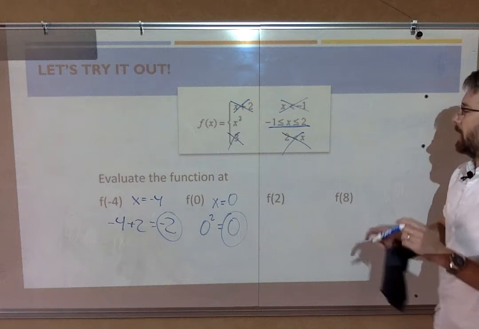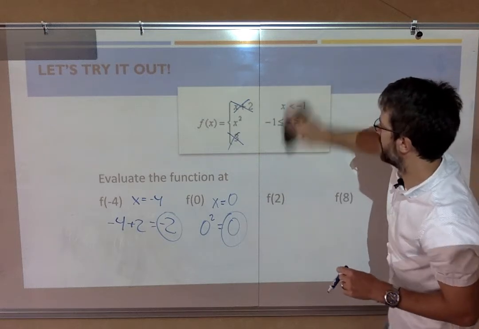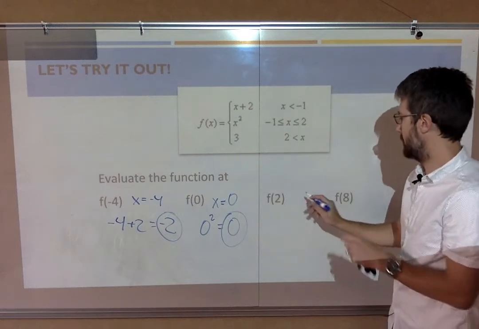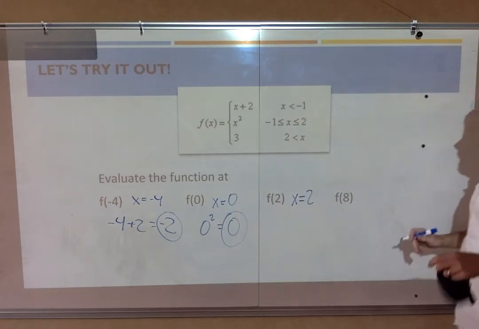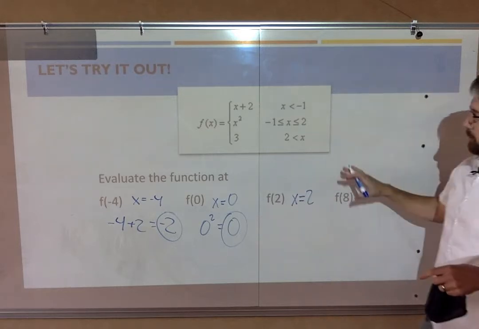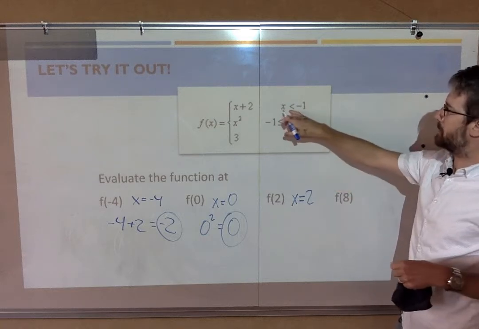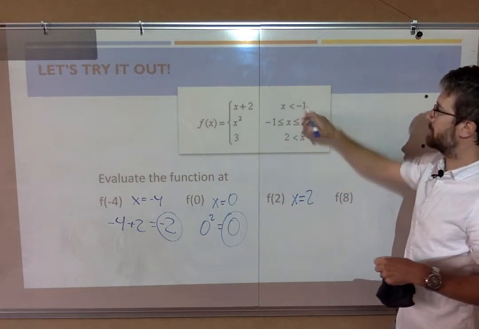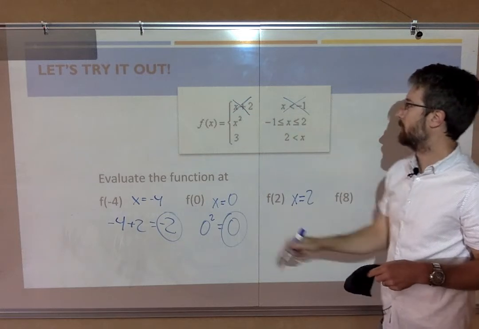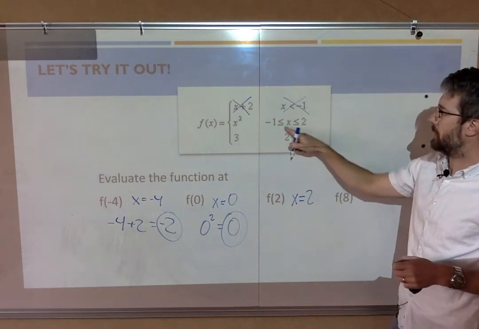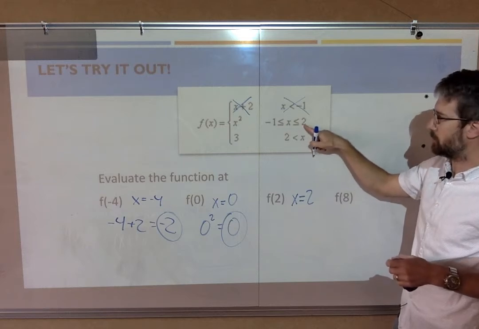All right, next one, f of 2. So again, x is equal to 2. Which one of these am I going to plug it into? 2 is not less than -1, so it's not going to be the top one. 2 is equal to 2, right?